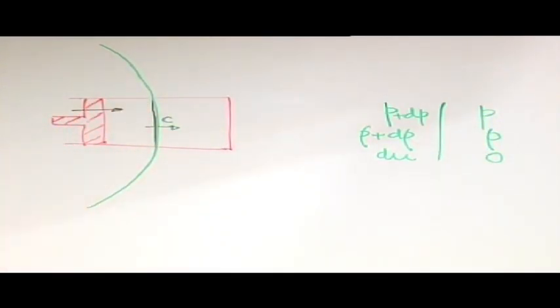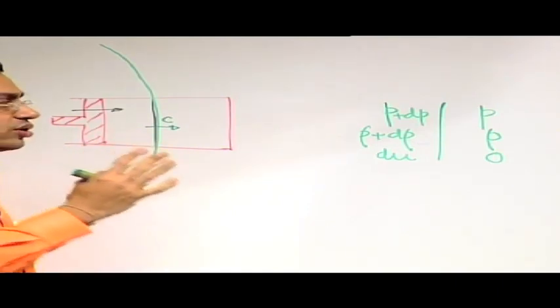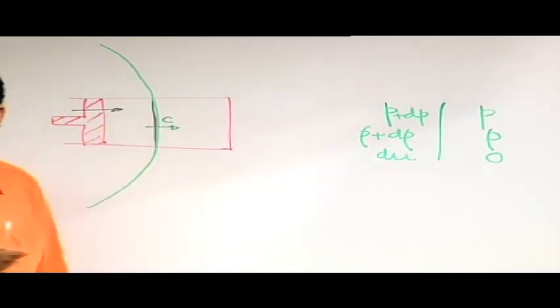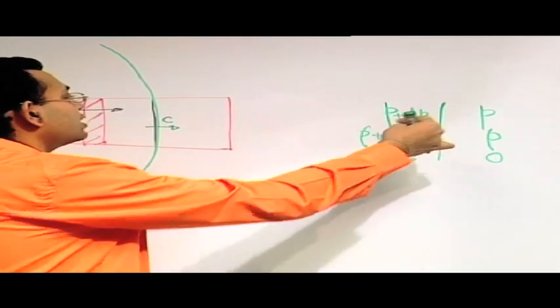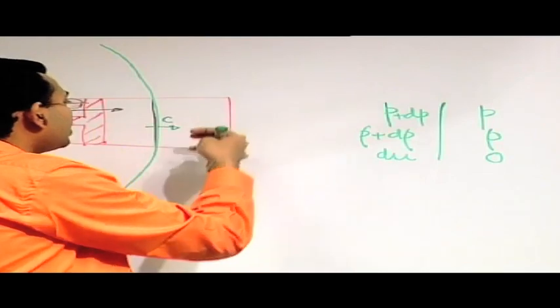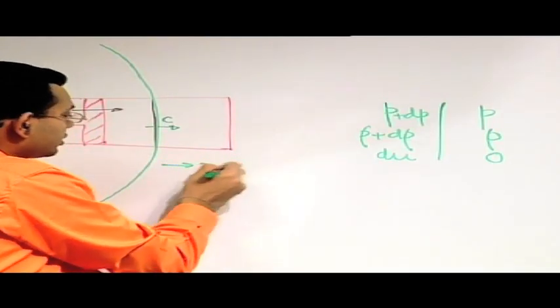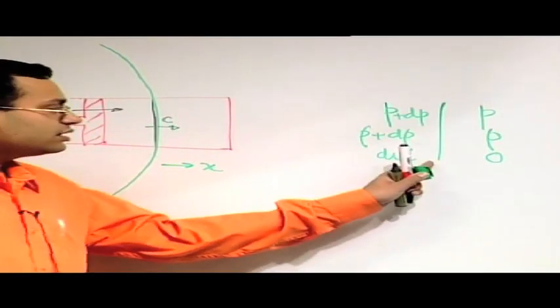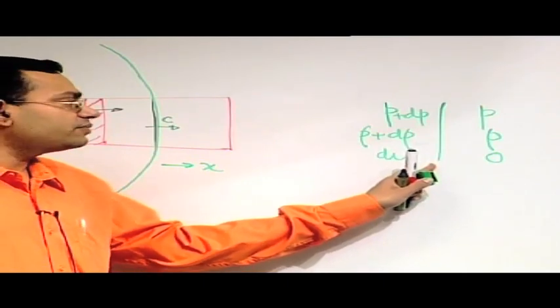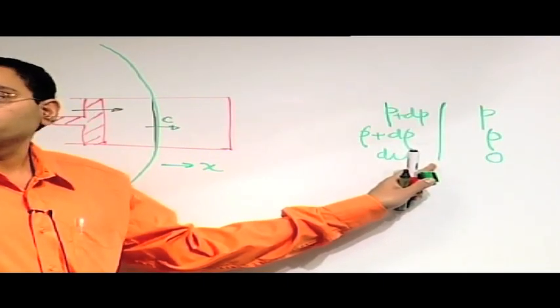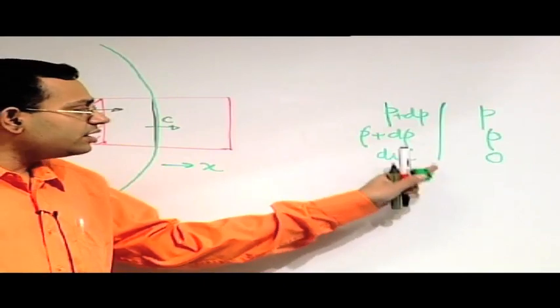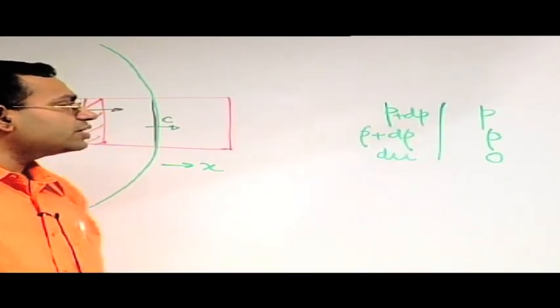To make an analysis, it may be important to transform our reference to a front which is stationary. To do that, we will add a speed of c, but opposite to the positive x direction, so that the speed of the front relative to that reference would be 0, and then all other quantities will be measured with respect to that.